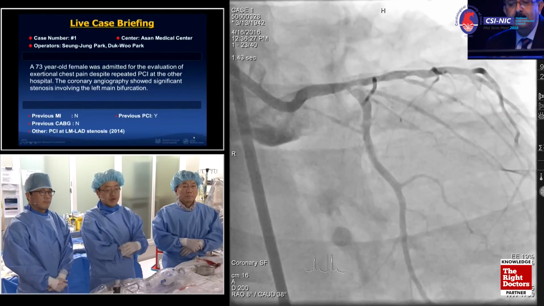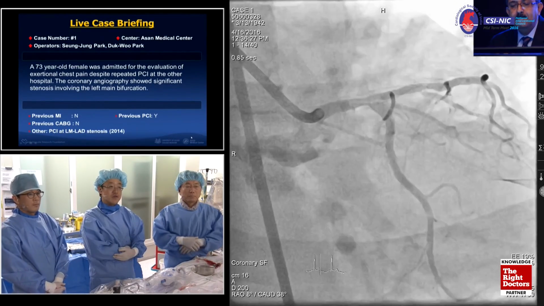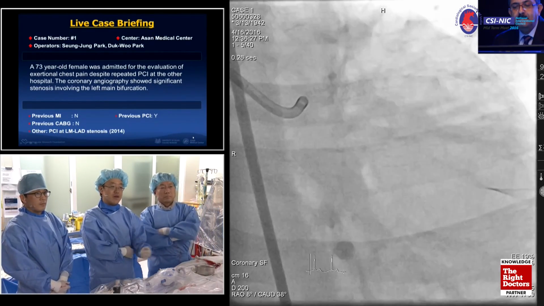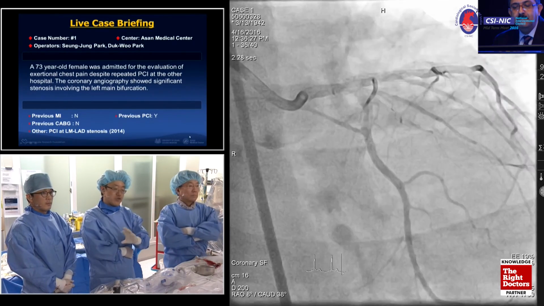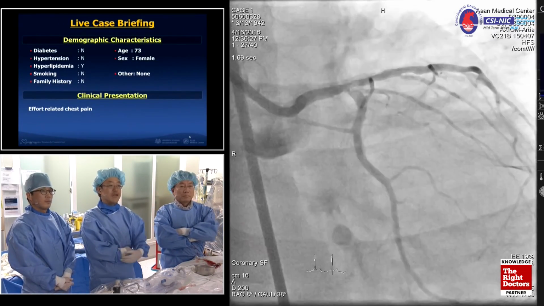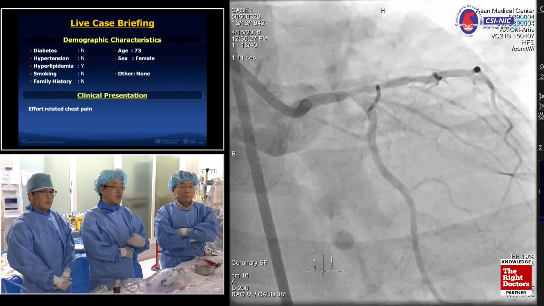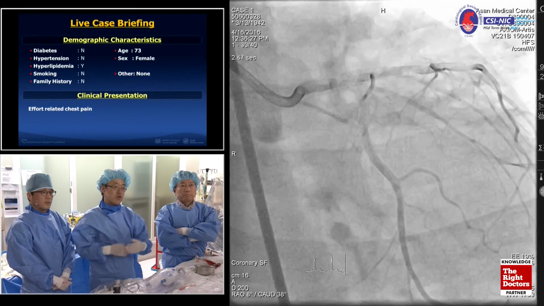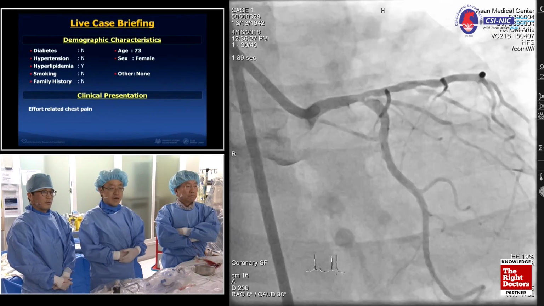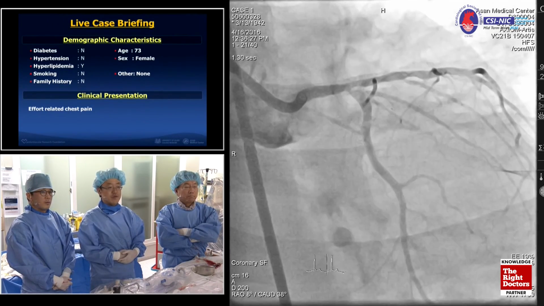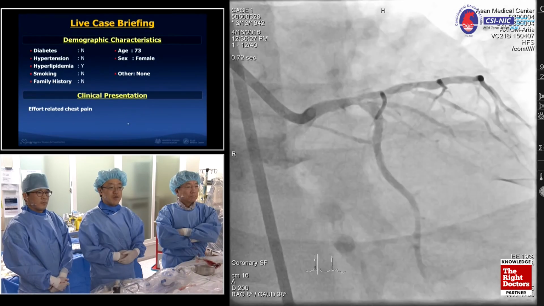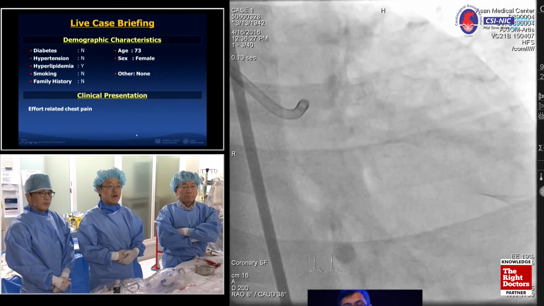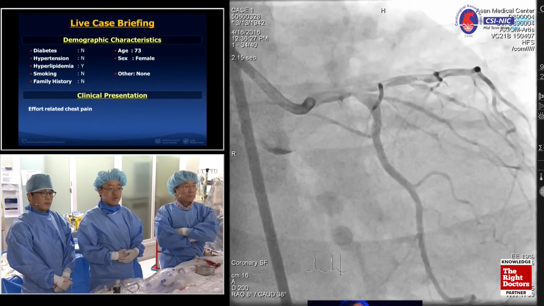Six months later she had recurrent ISR at the LAD ostium, so we repeated balloon angioplasty. And this time we have another subostial stenotic region. The risk factor is hyperlipidemia, no diabetes, no hypertension. The ejection fraction was normal.